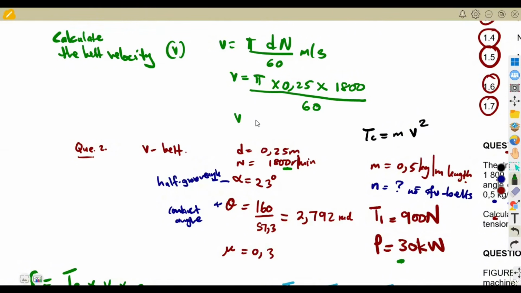This will give us the velocity in meters per second. This is in meters per second, guys, all right? So that was going to give us 23.562.